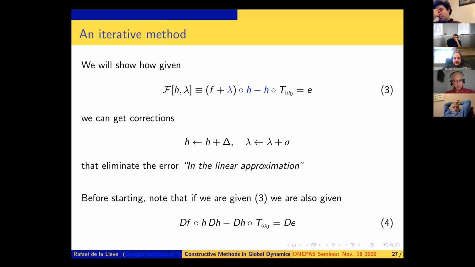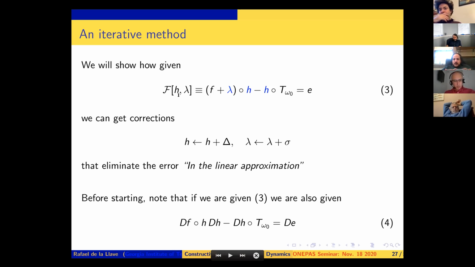The first thing that you do is an approximate solution. I am introducing here the functional analysis point of view: this is a functional that depends on an unknown h and an unknown lambda. h is much more complicated in the sense that h is a function and lambda is just a number, or a vector.